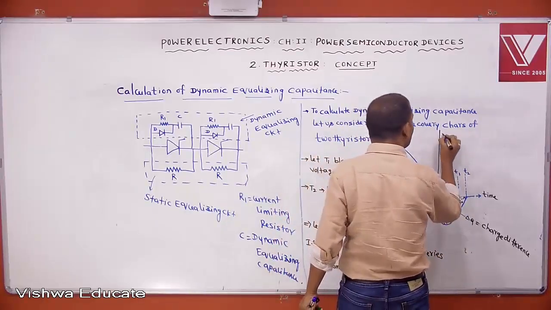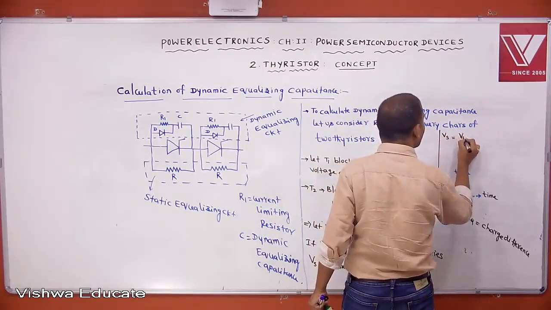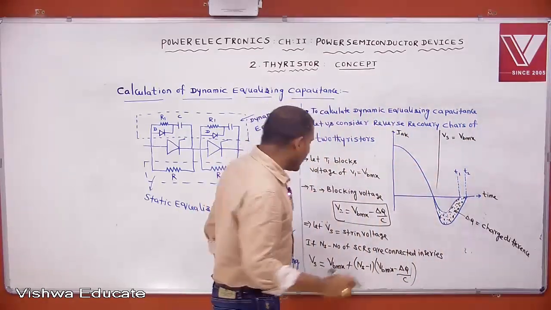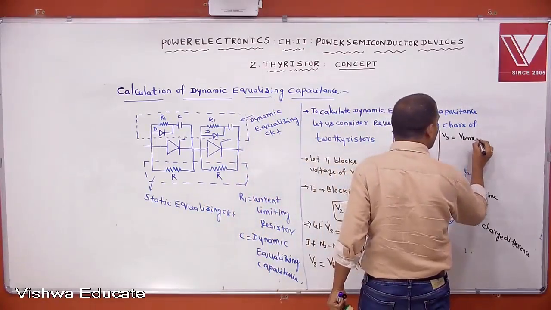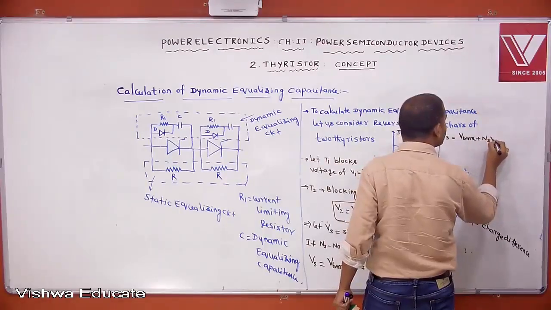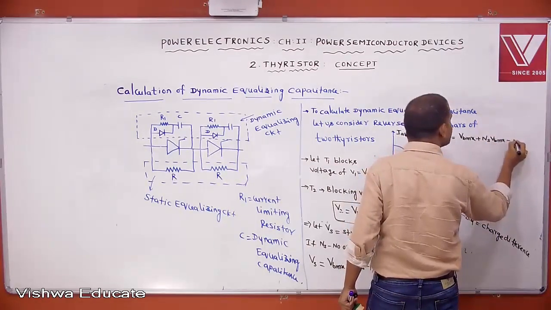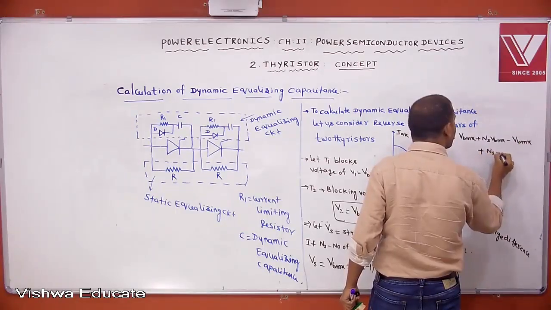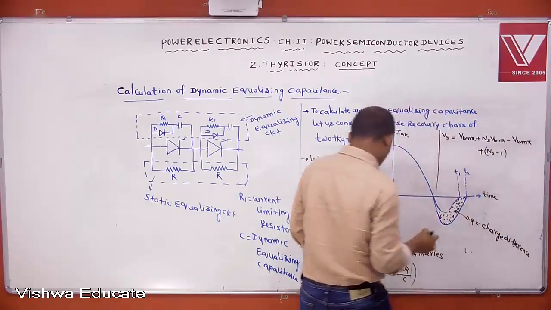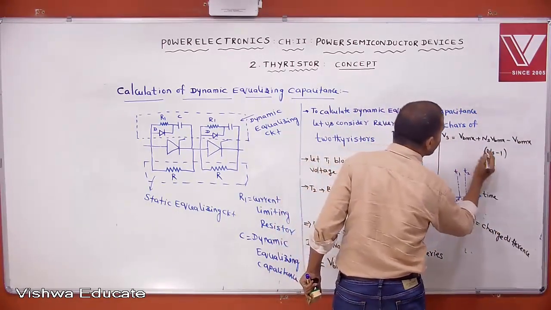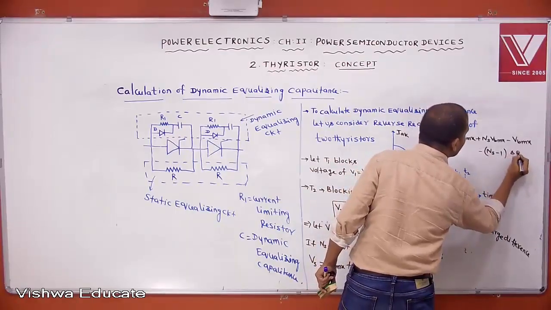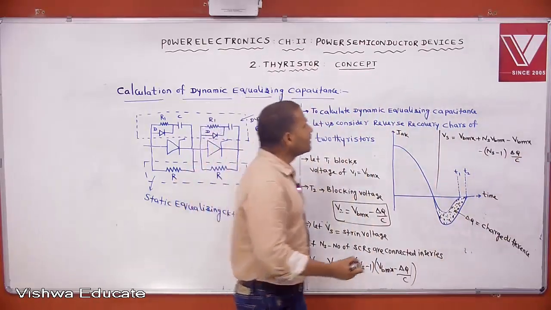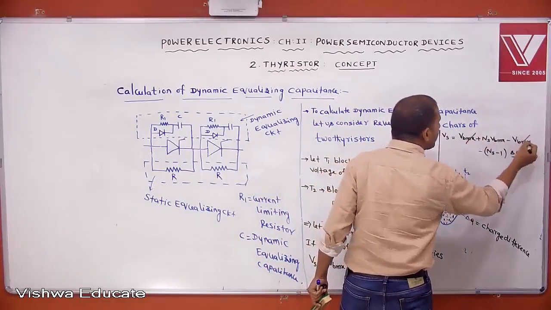Then Vs equals VBMX plus Ns minus 1 into VBMX minus Ns minus 1 into delta Q by C. Simplifying, the extra VBMX cancels.